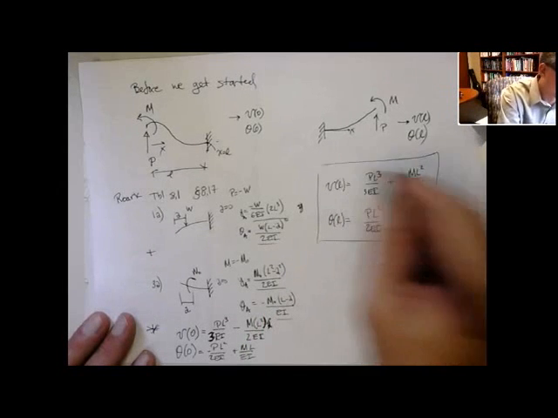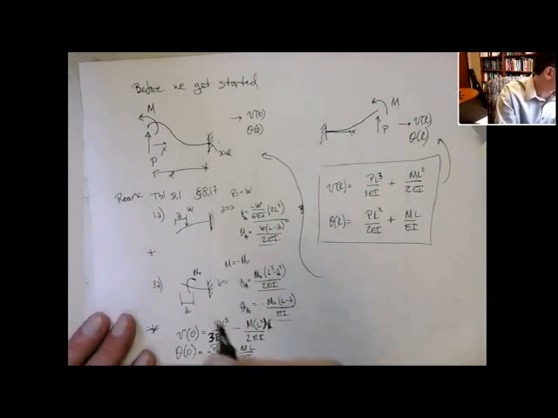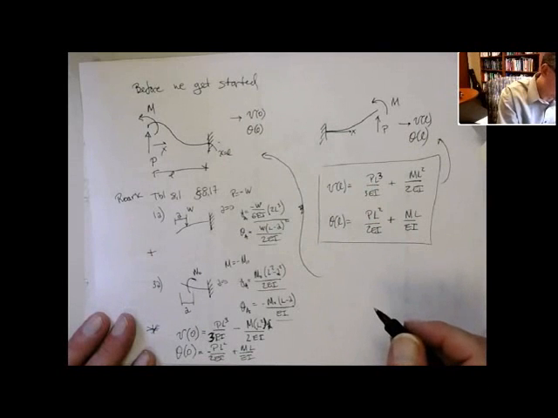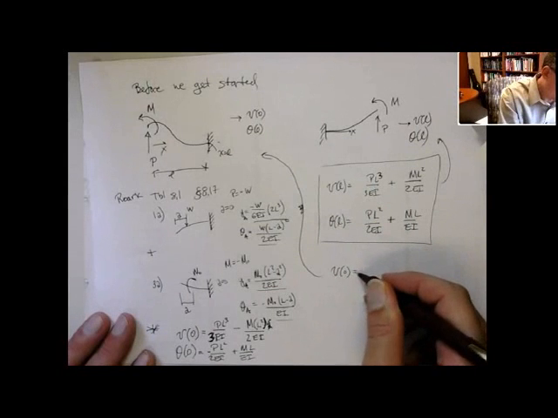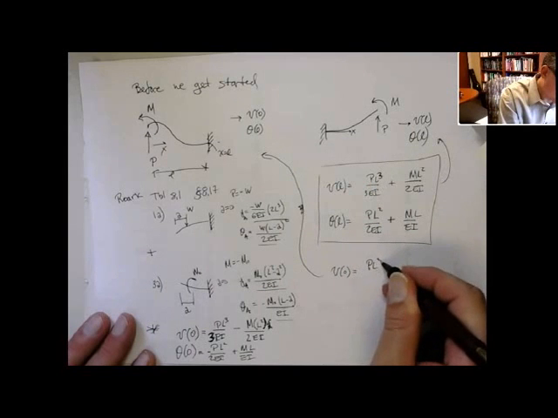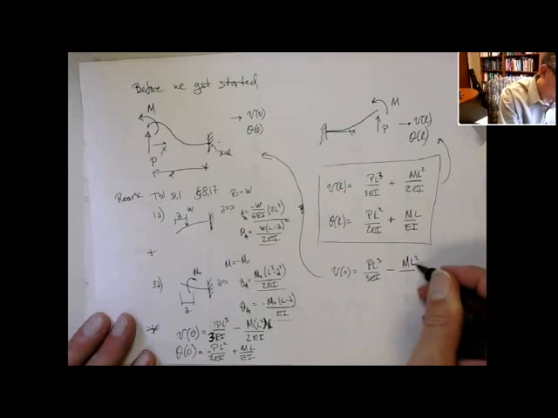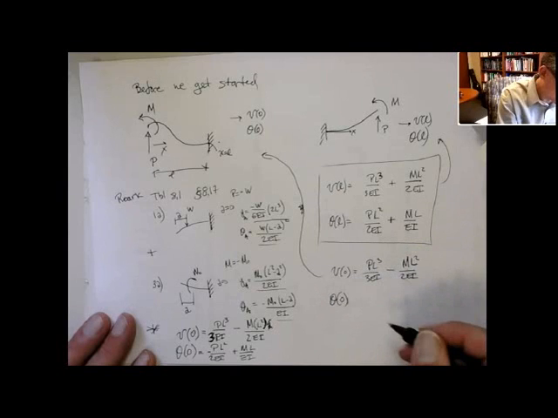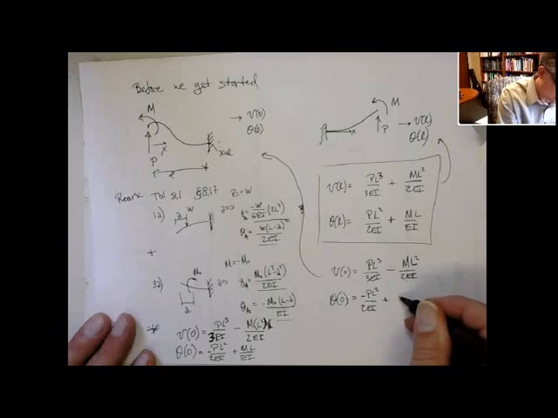So we got this one associated with this case, and then associated with the other case, we have the deflection at 0, which is PL cubed on 3EI minus ML squared on 2EI, and then the rotation is minus PL squared on 2EI, and the moment part of that is PL on EI.